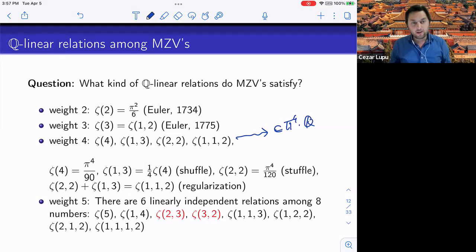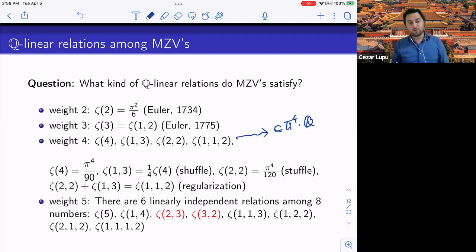And in weight 5, the problem gets very, very complicated. In weight 5, there are 6 linearly independent relations among these 8 numbers, as you can see them here.